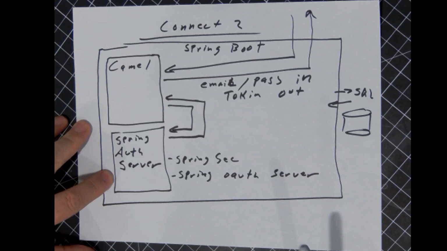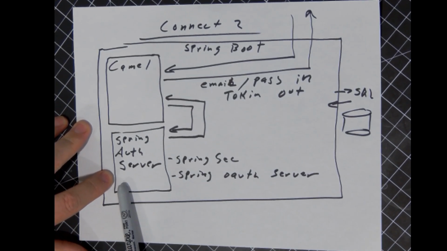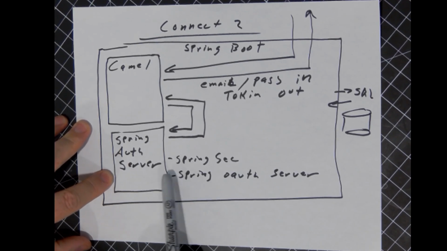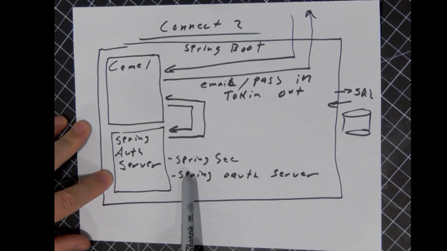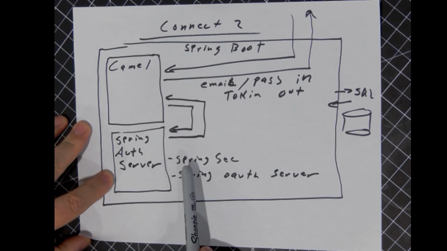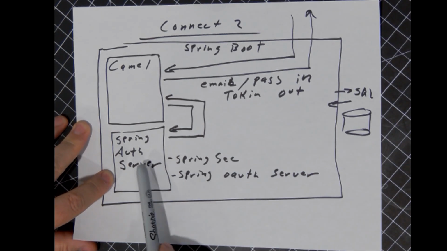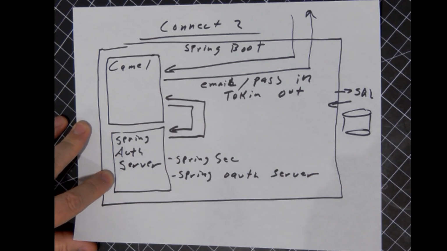And here's a great example: Spring is bringing us an authentication server by just including these two libraries, Spring Security and Spring OAuth server. Once we compile those in, we can just do our authentication and token internally in our app.